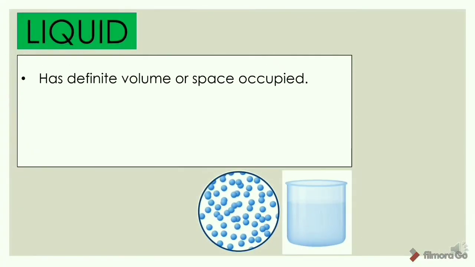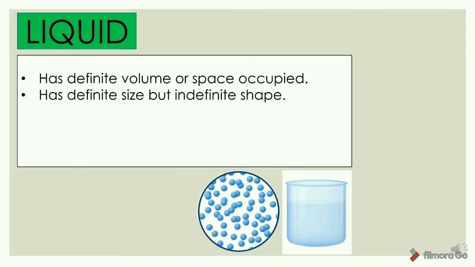Next is liquid. Liquid has definite volume or space occupied. Just like the solid, mayroon ding tiyak na espasyong sinasakop ang liquid. Next is, it has definite size but indefinite shape. May sarili din itong size na maaari nating sukatin, subalit wala itong tiyak na hugis.